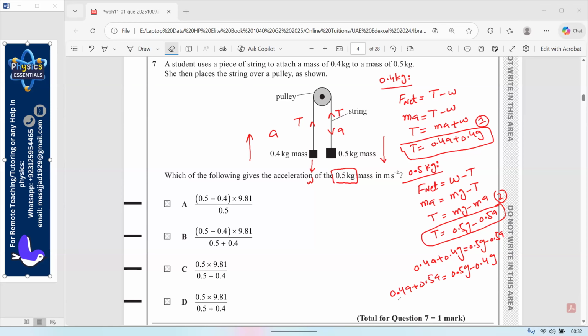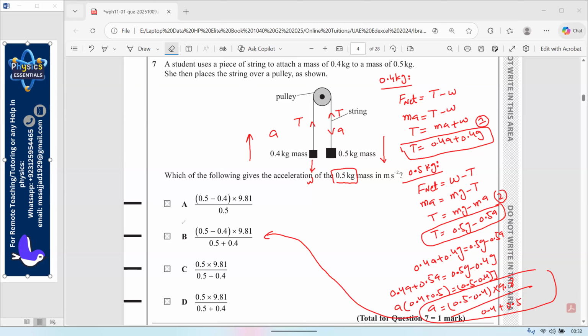So acceleration here is 0.4 plus 0.5, and gravitational acceleration here is 0.5 minus 0.4 g. From here, acceleration value is 0.5 minus 0.4 into 9.8 divided by 0.4 plus 0.5. So this option is looking like B.